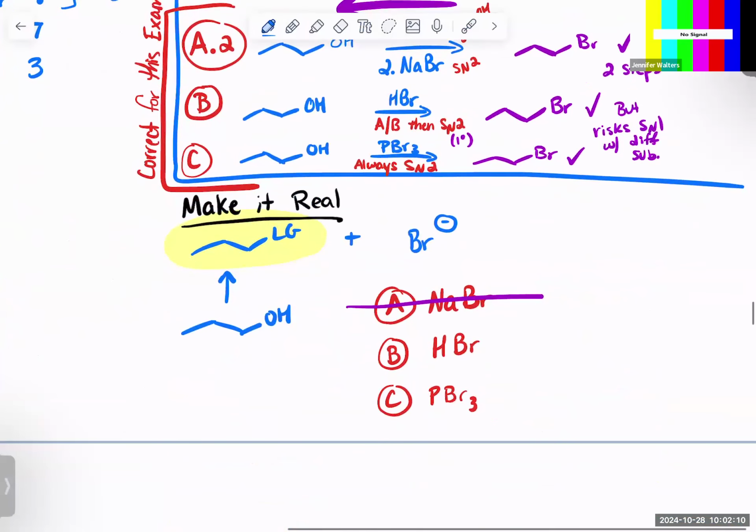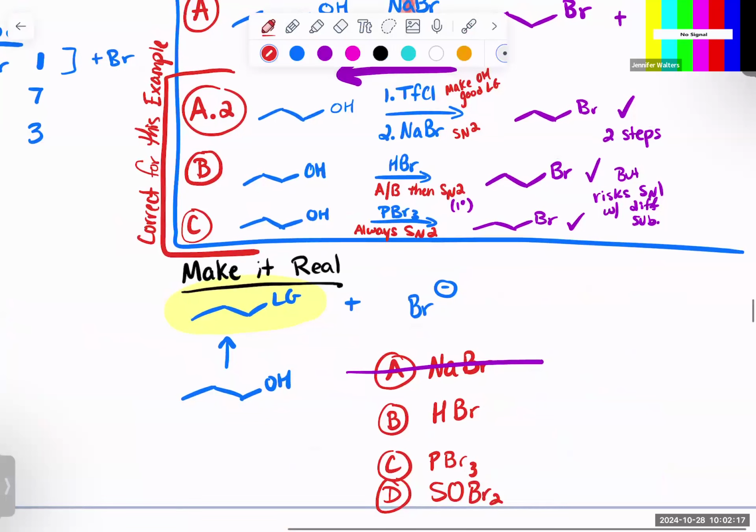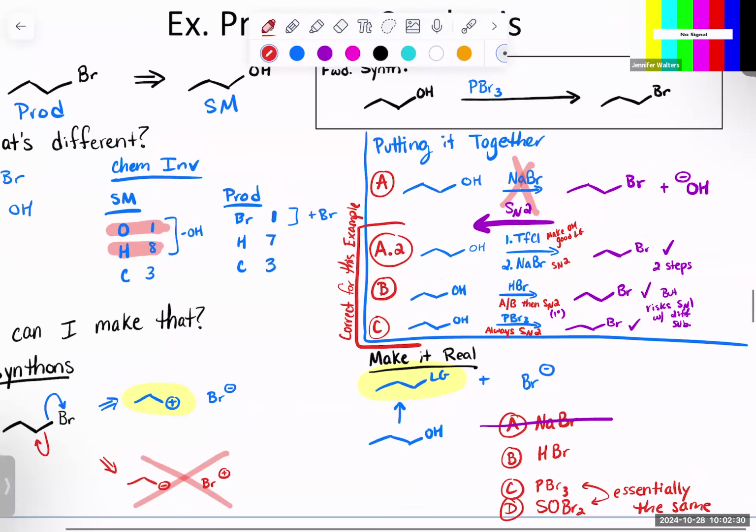So I guess we should have had a part D of SOBr2, which would also work. Then the solvent, I would just do like DCM or something. So that's dichloromethane, CH2Cl2. Or you could do carbon tetrachloride, or you could do acetone, or you could do DMSO. You could do whatever is your favorite aprotic solvent.